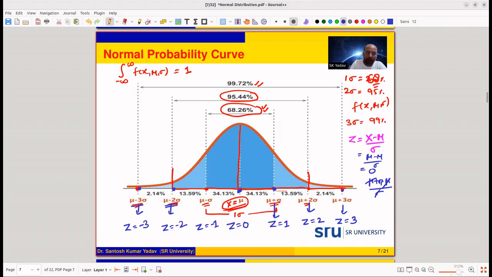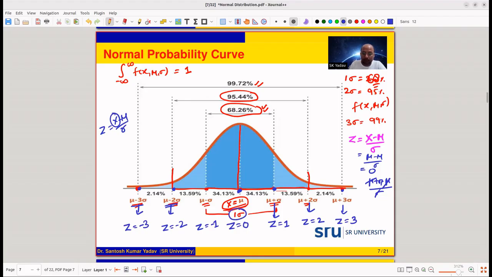These all can be checked by using Z equal to x minus mu upon sigma. So just replace the x value at these particular points, and you will get the corresponding Z values. So now these three intervals or ranges you can mention as 1 sigma.